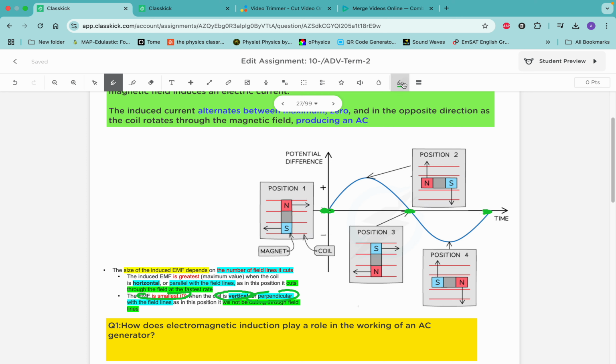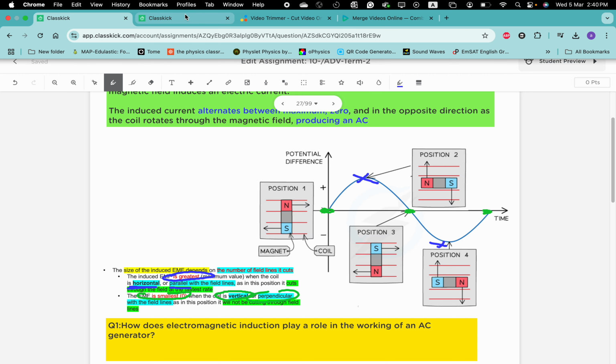But if the position of the coil changes to horizontal or parallel, this shows the greatest amount of EMF, which can be represented by these 2 points.